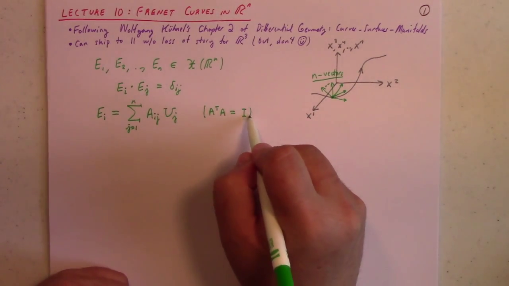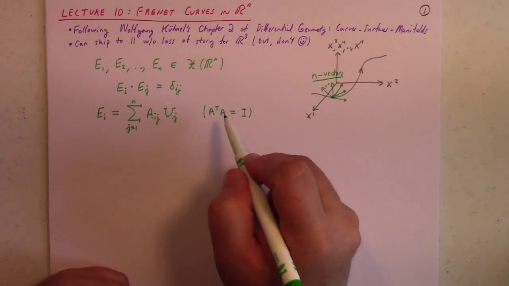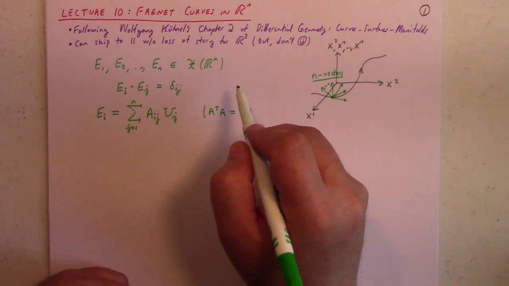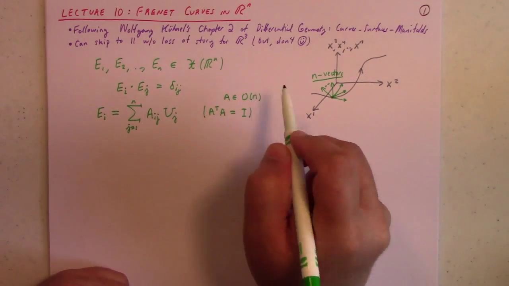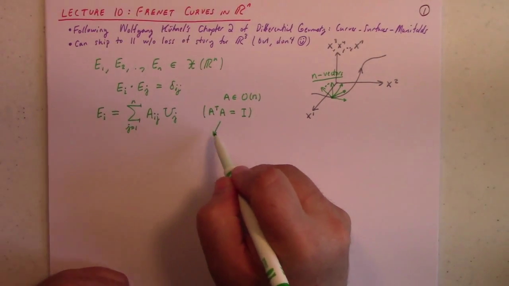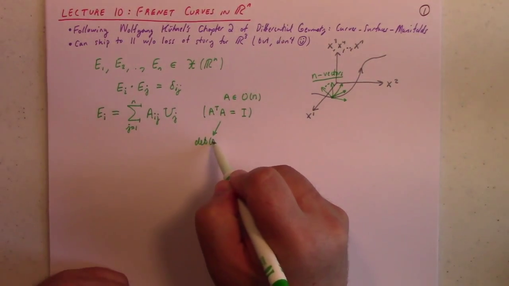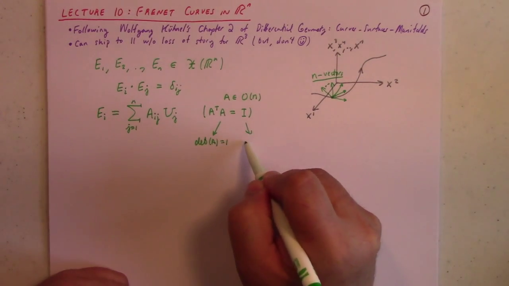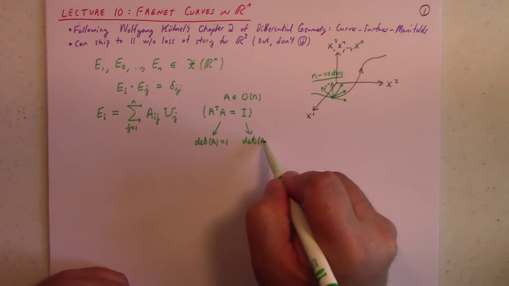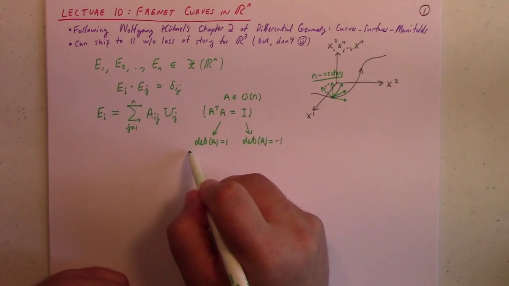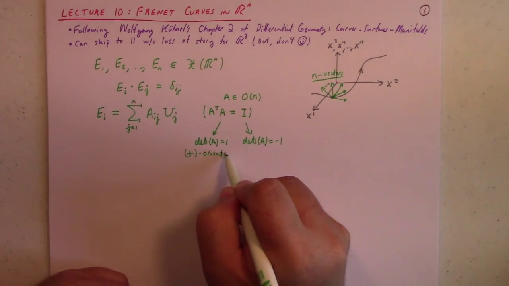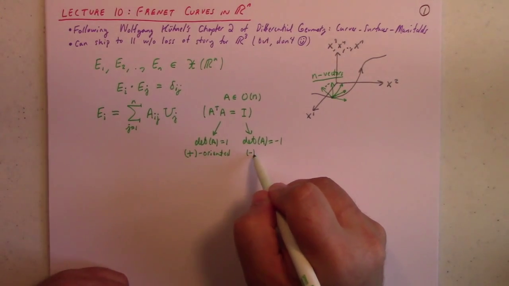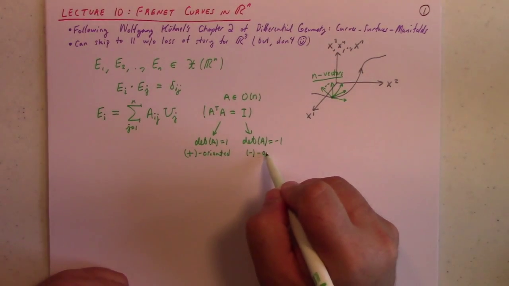I can't even remember at this point, sadly enough. But this makes A, of course, an element of the n by n orthogonal matrices. And so you either have the determinant of A equal to 1, or the determinant of A equal to -1. These are said to be positively oriented, the frame is positively oriented. Here the frame would be negatively oriented.